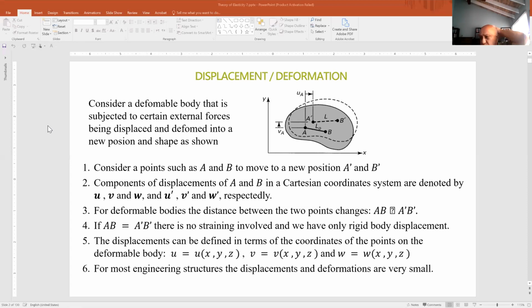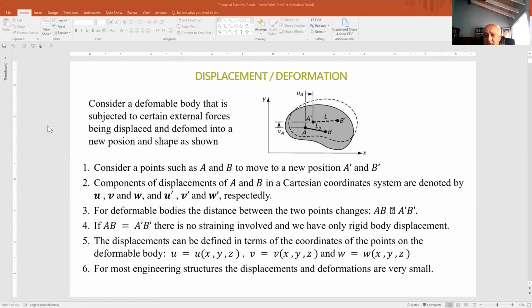Displacement at any point can be expressed in terms of the coordinate system X, Y, Z. For example, at point A, displacement would be U(X, Y, Z). That means U as a function of X and Y and Z. And obviously, when we go from one point to the other point in the object, the displacement varies.